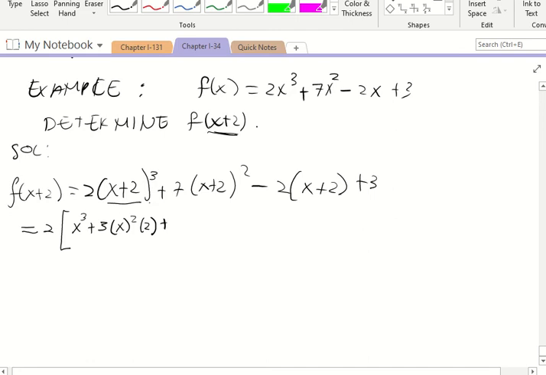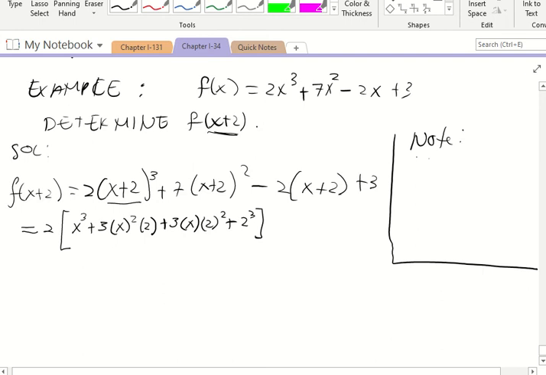Then it's still plus 3 again. Then now, the square will be at the other side, so this will be 2 squared. Then plus 2 cubed.